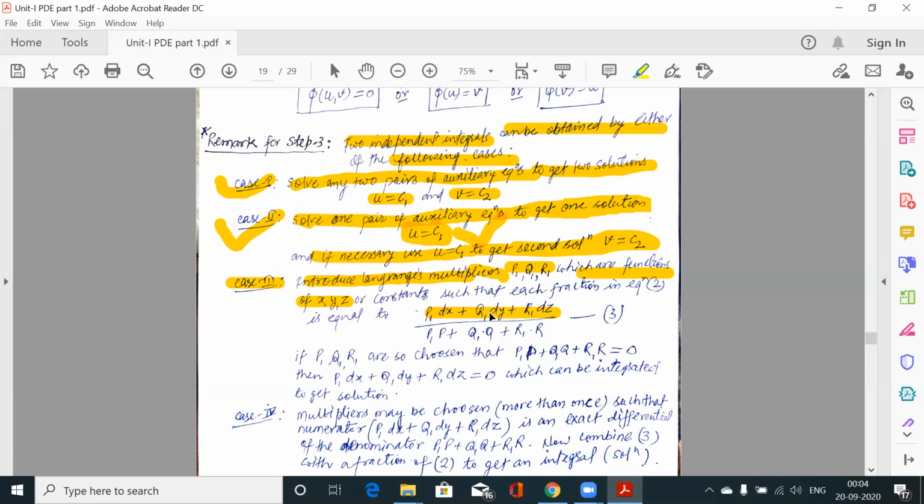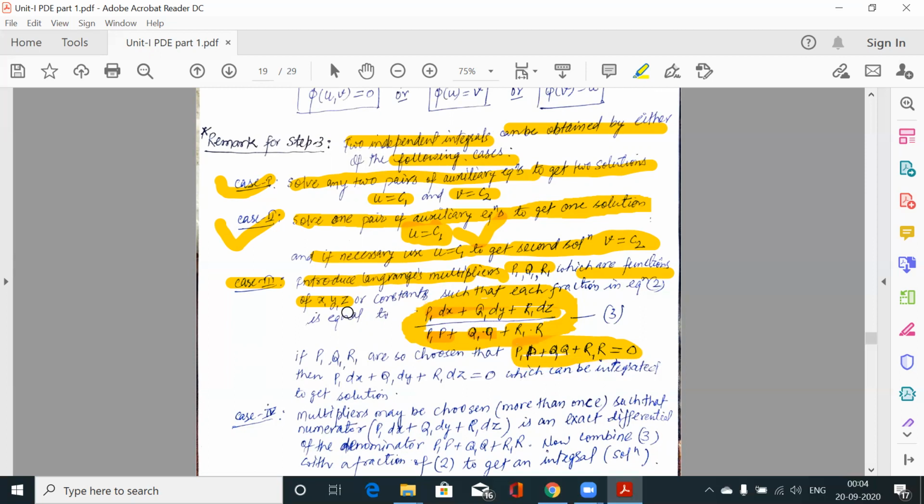We choose P1, Q1, R1 as functions of x, y, z or constants, such that the combination is P1 dx plus Q1 dy plus R1 dz. Similarly, we multiply these coefficients to the denominators, P1 P, Q1 Q, R1 R, so that the denominator is 0.